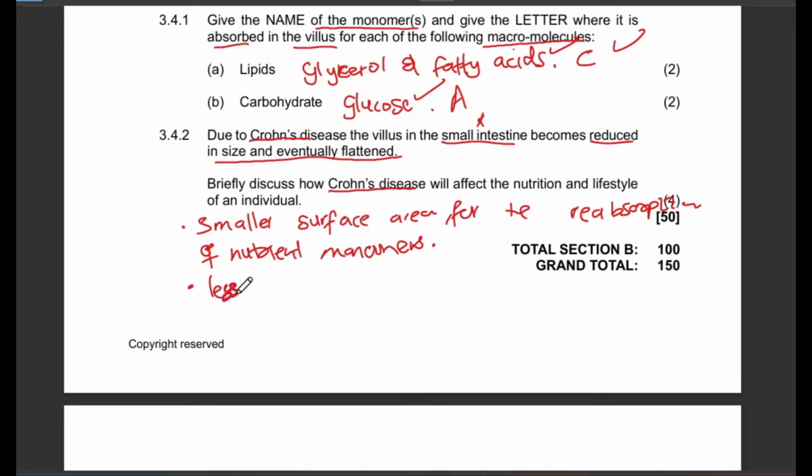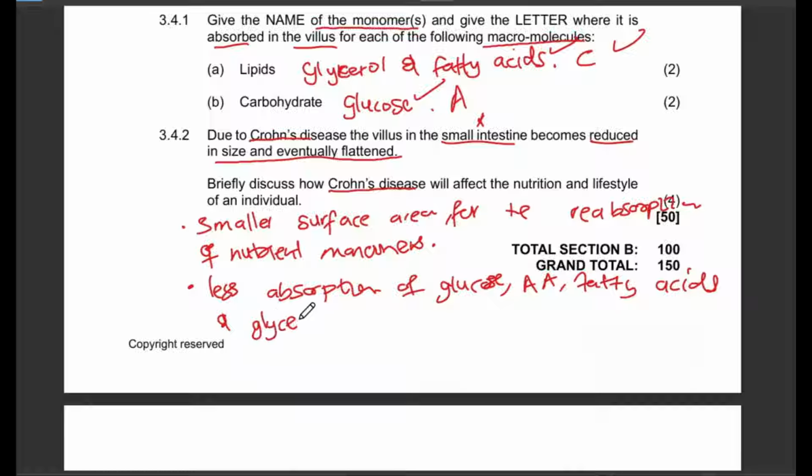We can even say there will be less absorption than you specify of glucose, amino acids, fatty acids, and your AA is amino acids, guys. You write it in full. Fatty acids and glycerol to the blood.